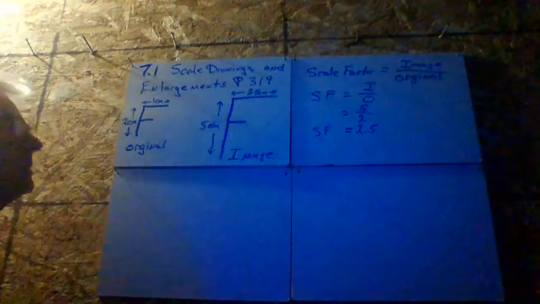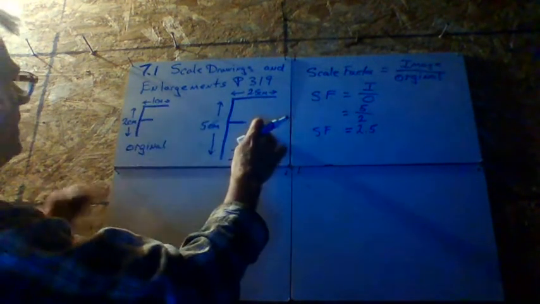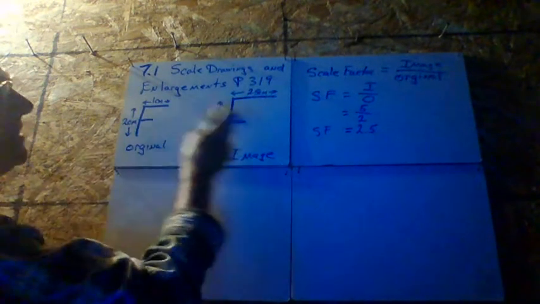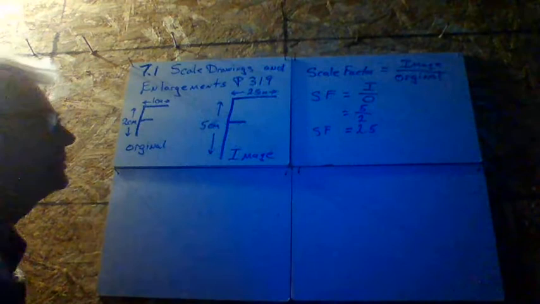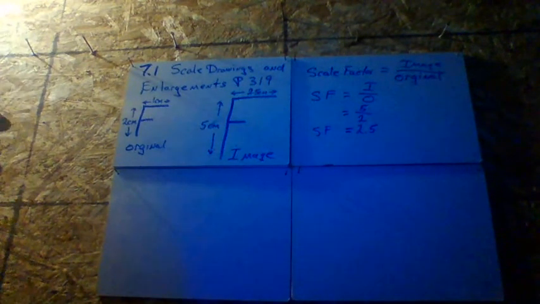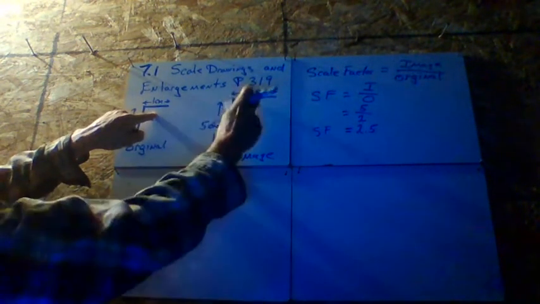Now what does that mean? It's just an enlargement of the original. How much did we enlarge it? We enlarged it by 2.5, or it's 2.5 times larger. That's scale factor. I could use the top part here and this 2.5, and it would do the same thing.